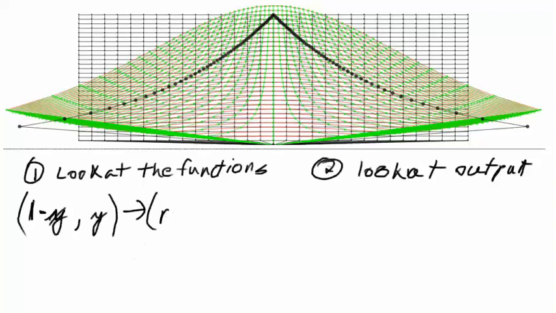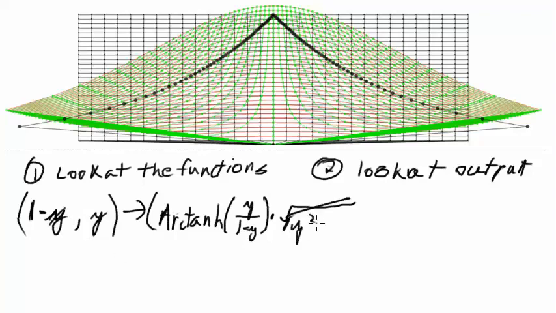R equals arctangent of y over 1 minus y, comma, square root of y squared minus 1 minus y squared.